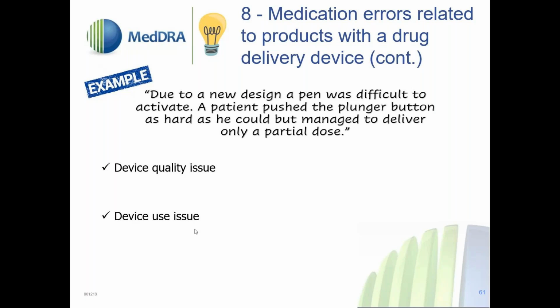The device quality issue, the new design, led to the problems when the patient was using the pen. Both need to be captured, the device quality issue and the device use issue. It is a chain of events. The device quality issue is a contributing factor to the fact that the patient has difficulties using it.